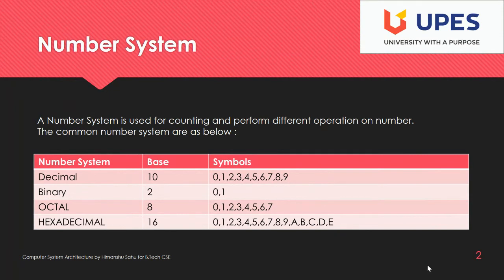So the decimal number system is known as decimal. Okay, deci means 10. Deci is coming from the value of the base. Every number system is named on the basis of the base it uses, and base is nothing but the different symbols available in a particular number system.